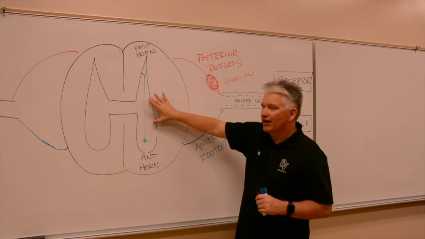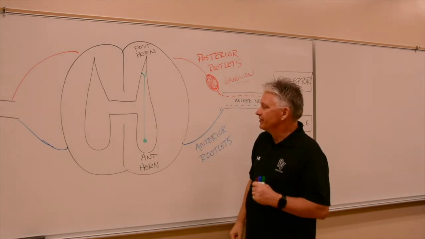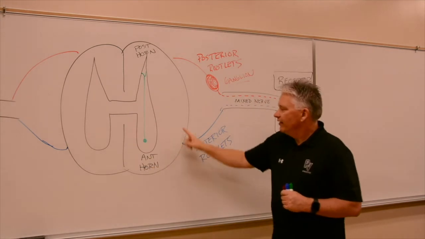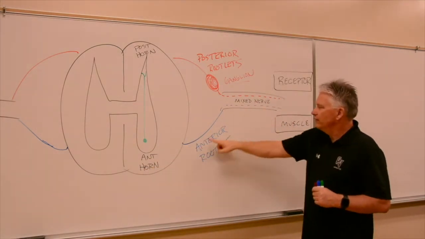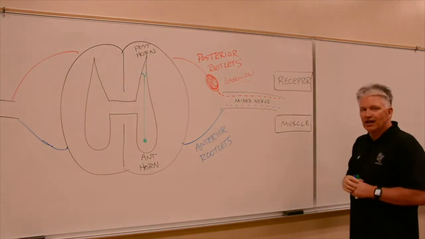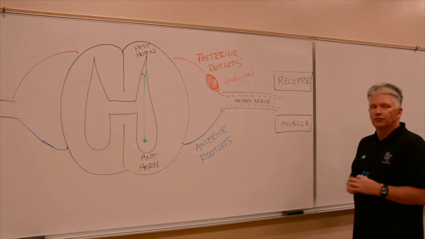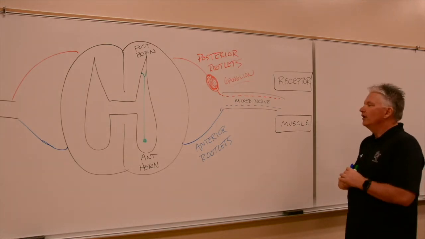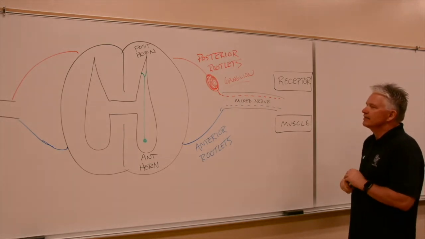Remember, interneurons are neither motor or sensory. They connect motor and sensory. And then coming out the anterior horn, we're going to have a motor pathway that we see here in blue that's going to be going out to skeletal muscle, causing some sort of a physical response. We turn, we quickly pull our hand away, whatever the case is.